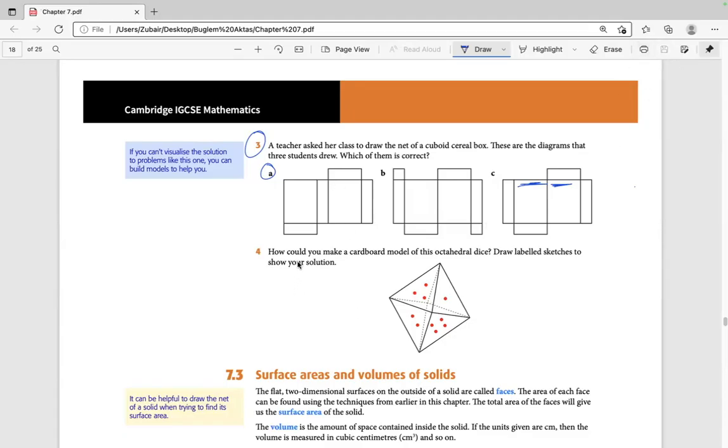So that's A. How could you make a cardboard model of this octahedral dice? Draw labeled sketches to show your solution.